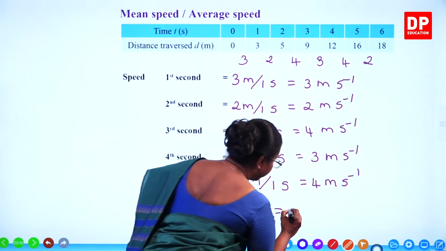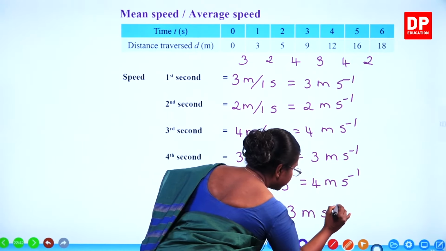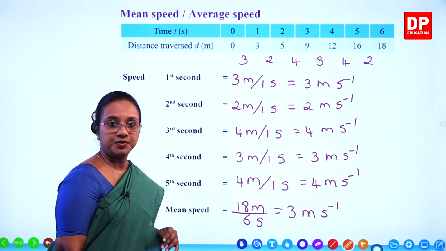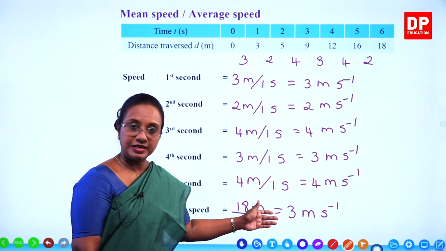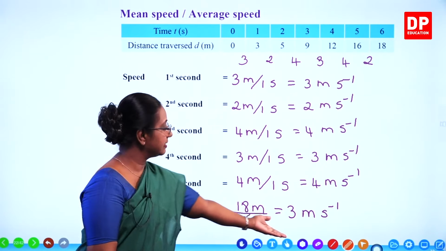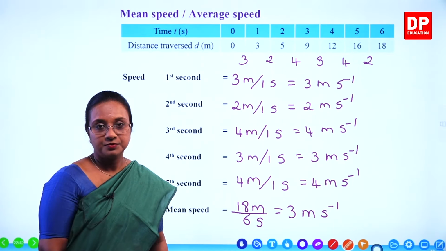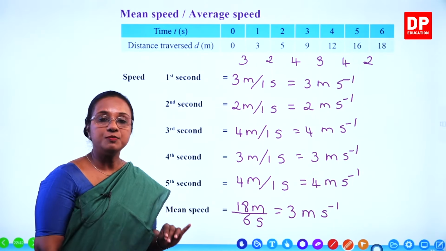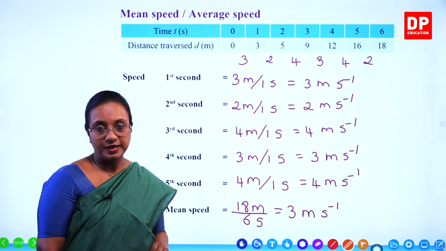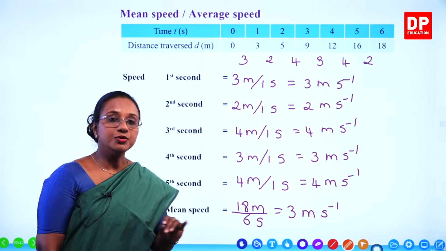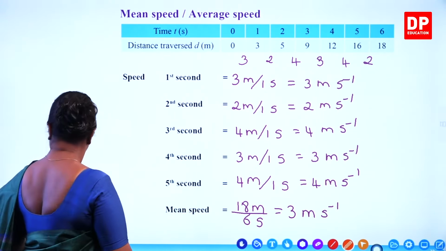So, if we calculate the value of the speed, it will be 3 meters per second. As you can see, throughout the journey, the speed has changed and there is an average speed for the motion of the object. So, this is when the object is not moving with uniform speed. With those in mind, we will look at some more examples.